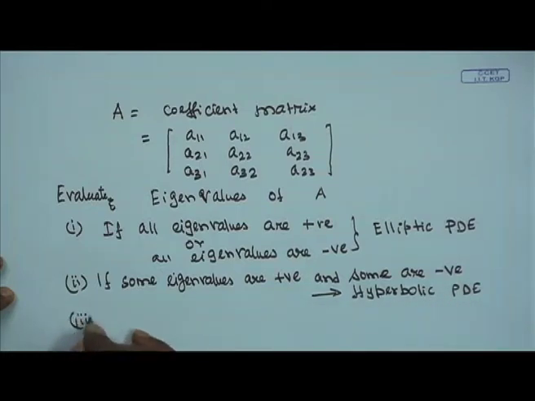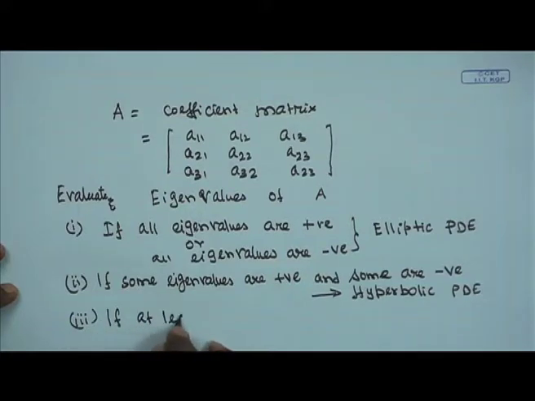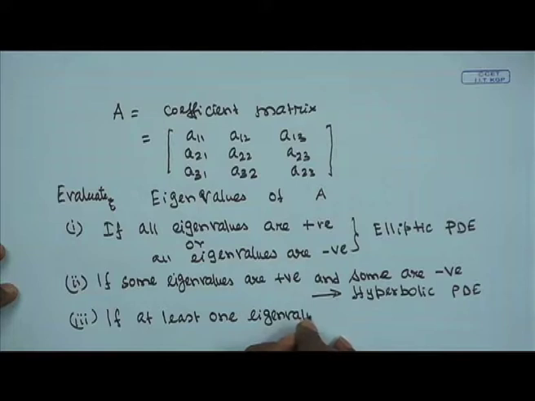If at least one eigenvalue is 0, then it is called a parabolic partial differential equation.